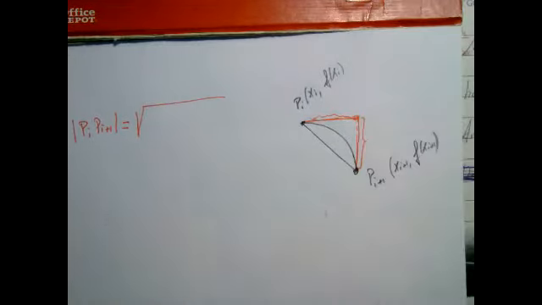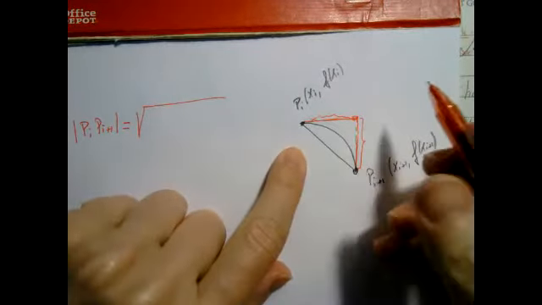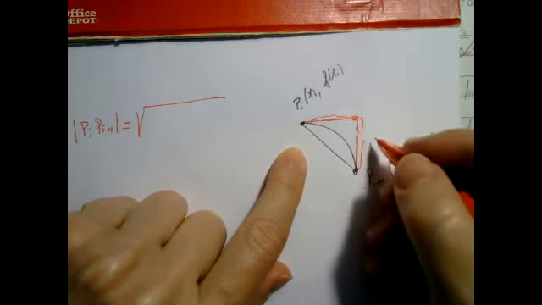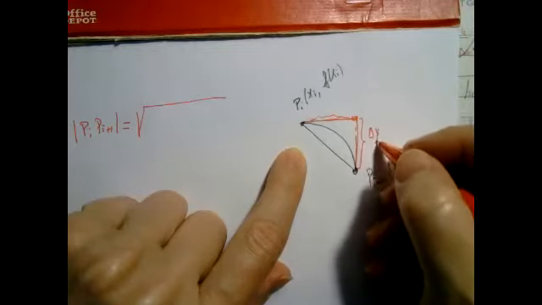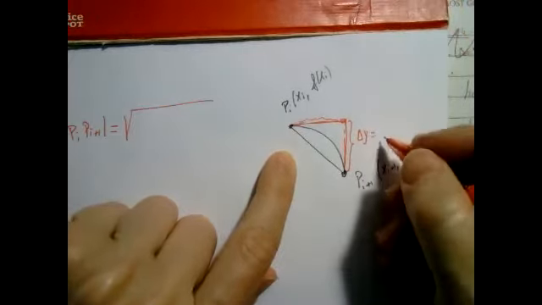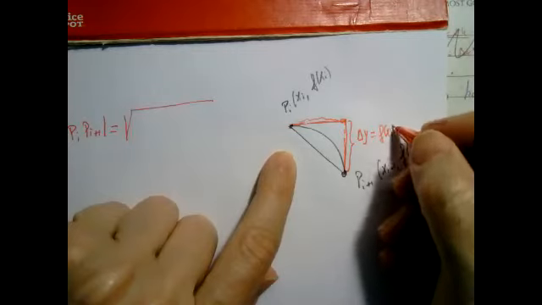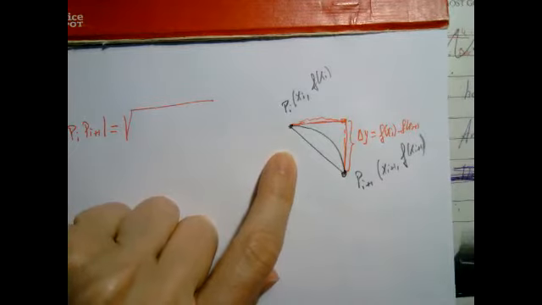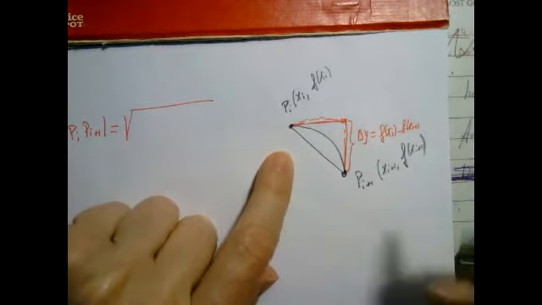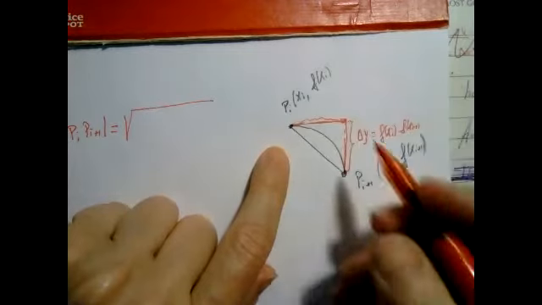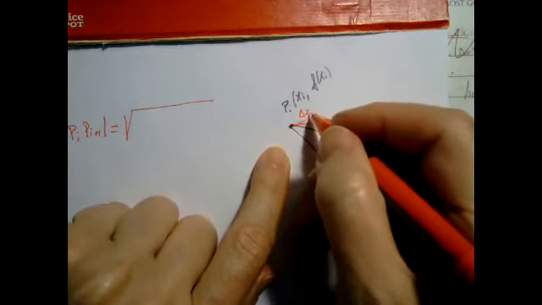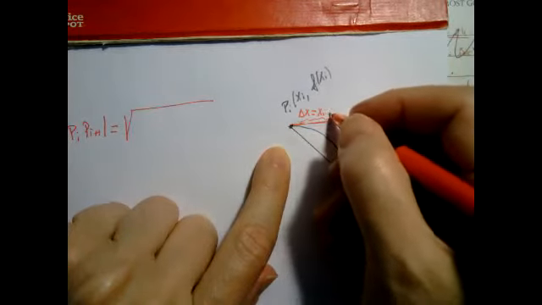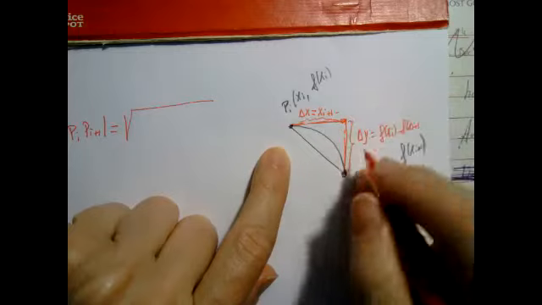F of xi minus f of xi plus 1. It's the difference between f of xi and f of xi plus 1, so we're going to call it delta y. Does anybody agree with him? So you can call this a delta y. How much do we have from here to here? It's just like delta x, our famous delta x. In this problem, it's right minus left, xi plus 1 minus xi.